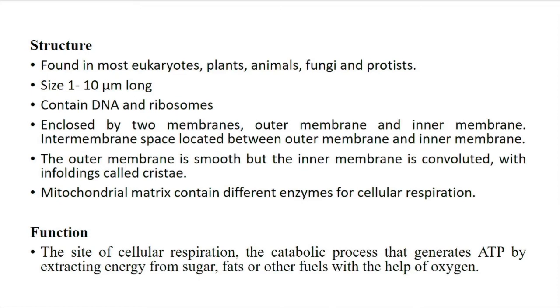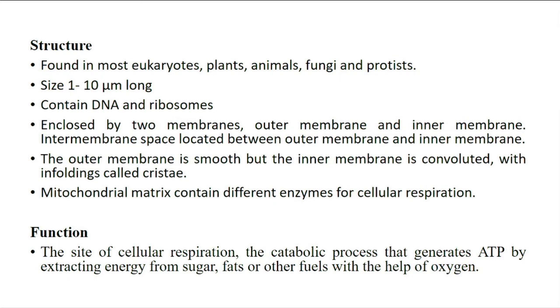The outer membrane is smooth, but the inner membrane is convoluted, which is folding called cristae. Cristae give the inner membrane a large surface area that enhances the productivity of cellular respiration.